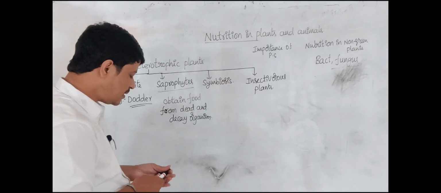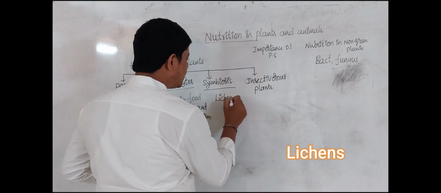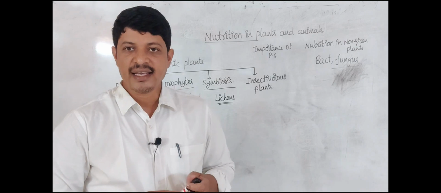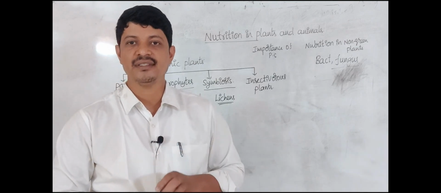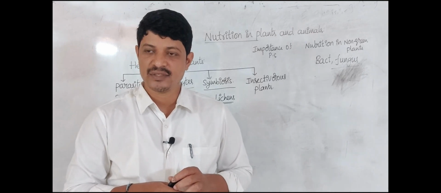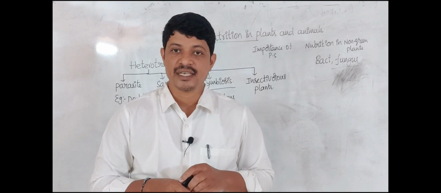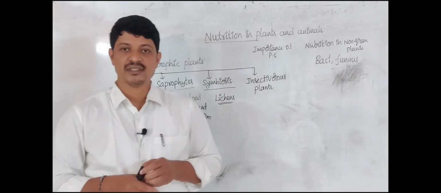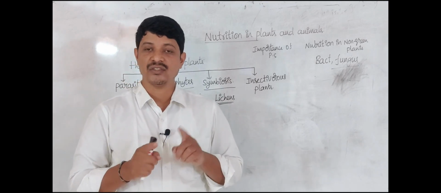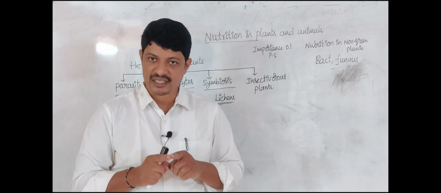And coming to symbiosis. Examples of symbiosis are lichens. Symbiosis means an association between two different organisms for food and shelter.